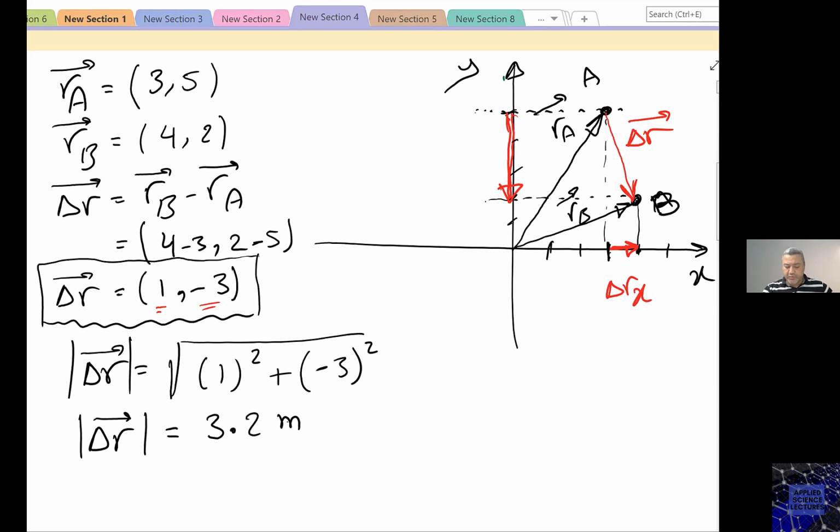Somebody may say, how did you come up with this number? Why are you using the square root and taking those projections, squaring them and adding them? I would remind you with the trigonometry. If you extend this one, then isn't this delta R the hypotenuse of my triangle?